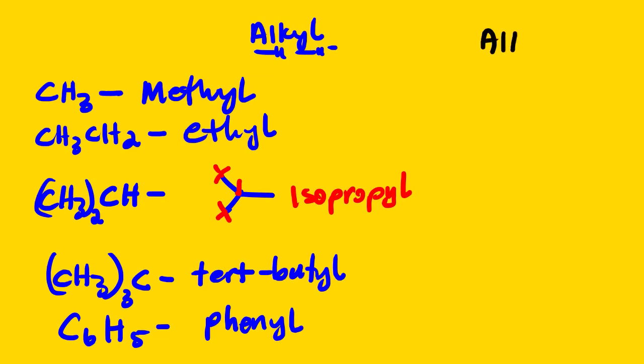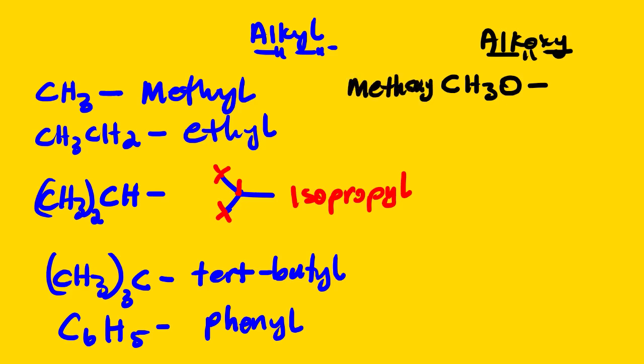For the alkoxy group, for methyl, we have methoxy. Methoxy is when we have CH3 and then there's oxygen as a substituent. For the ethyl, we have ethoxy.